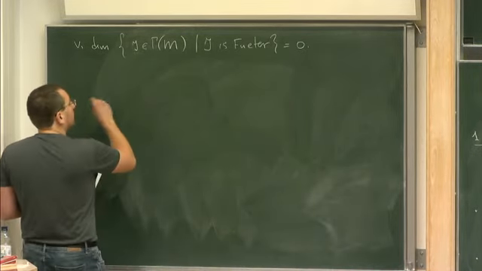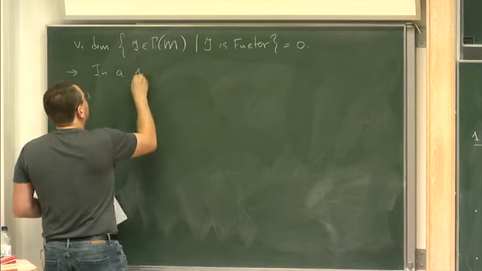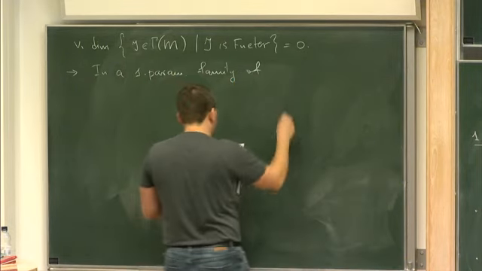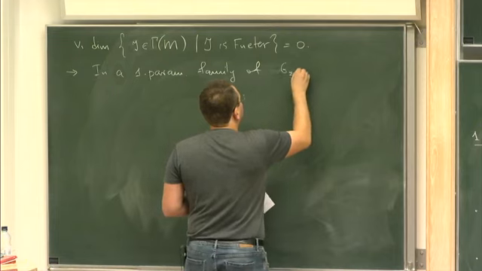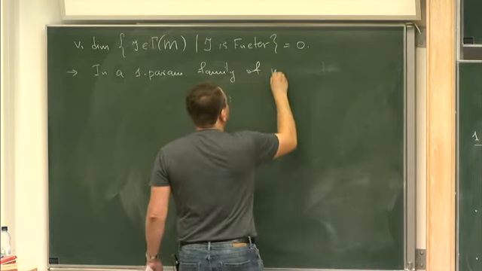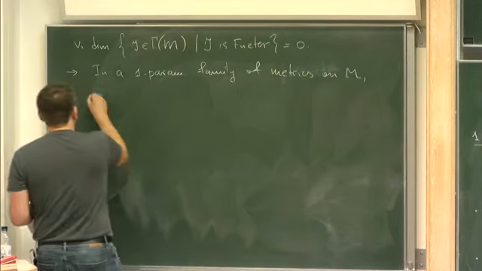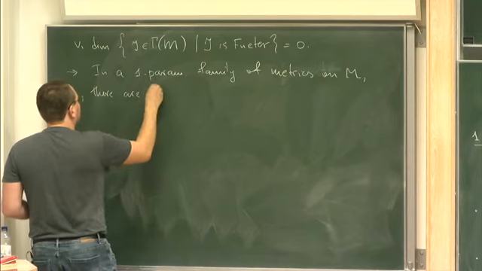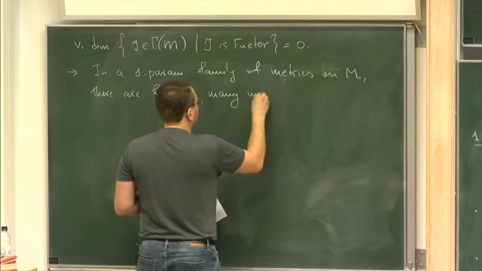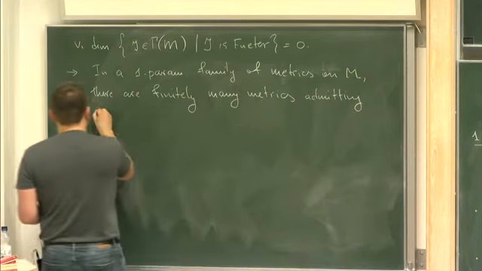This means that a one parameter family of G2 metrics on M, there are finitely many metrics admitting a Fueter section.